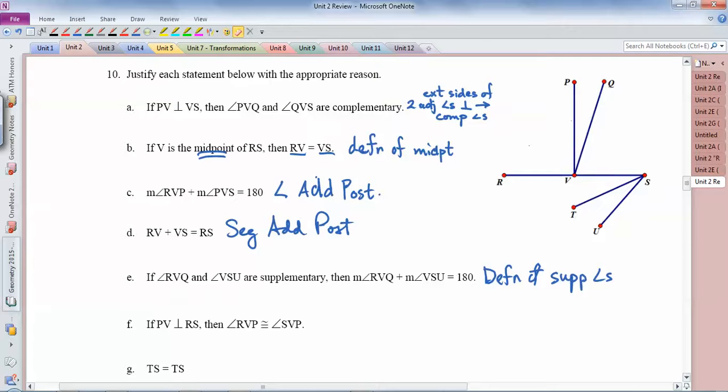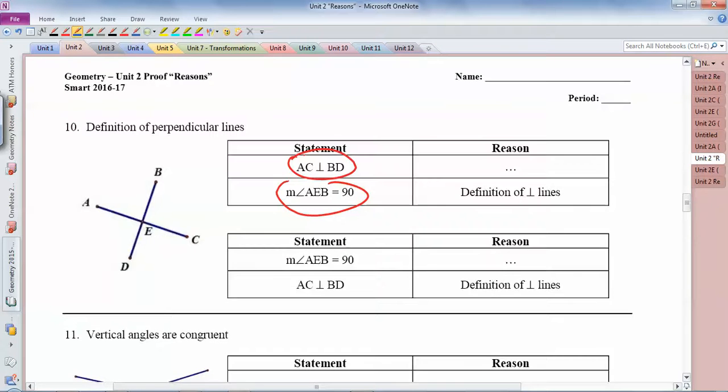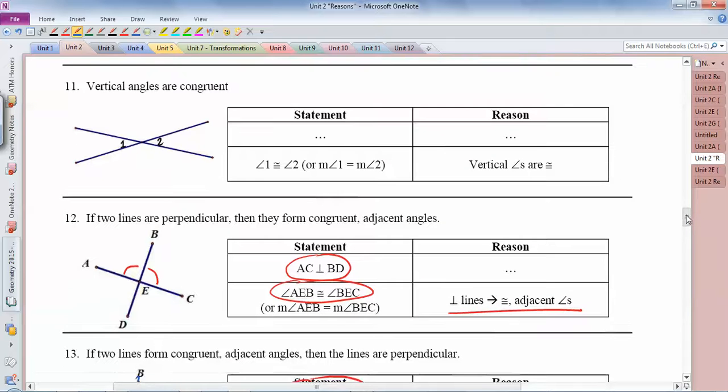Let's see, what's next? If PV is perpendicular to RS, then RVP is congruent to SVP, the angle next to it. Okay, so if perpendicular lines, then you get two congruent angles. So here's our perpendicular page. This is if perpendicular, then 90. That's not the same. If perpendicular, then congruent.